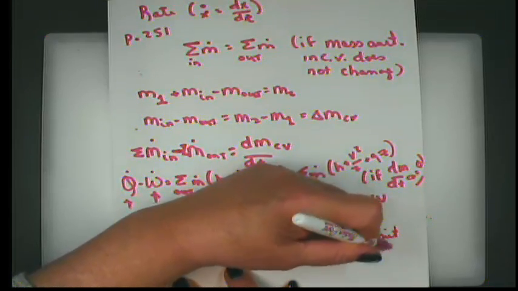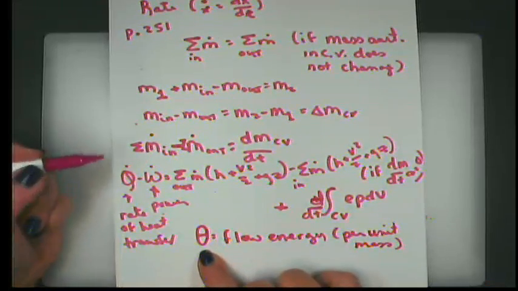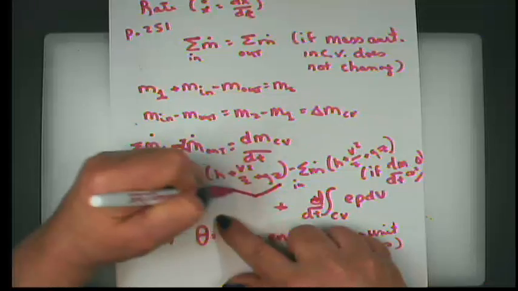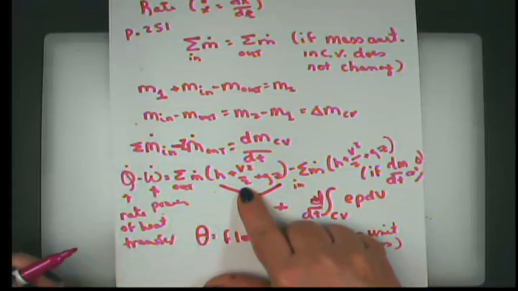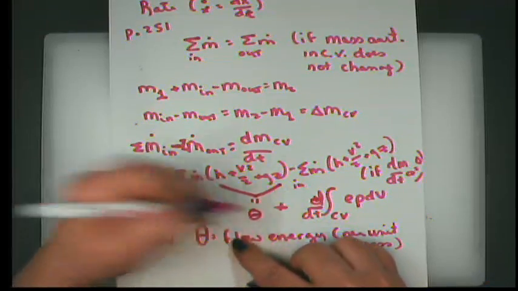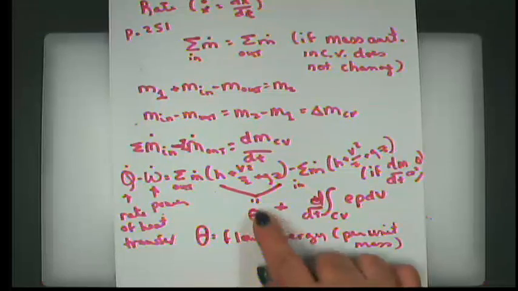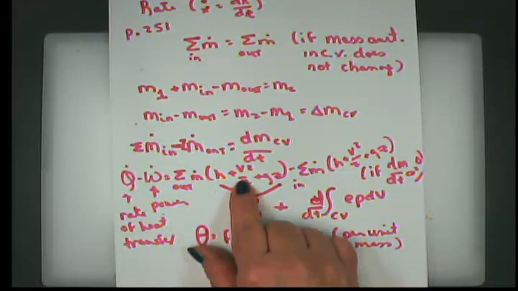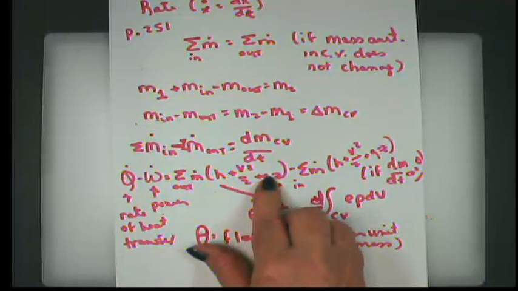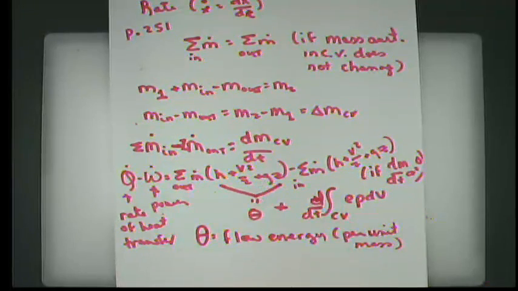So if you go back to this equation, h plus v squared over 2 plus gz is equal to theta, right? What it's talking about is if a mass is in motion, if you divide out the mass flow rate, the energy terms added together per unit mass is equal to theta.